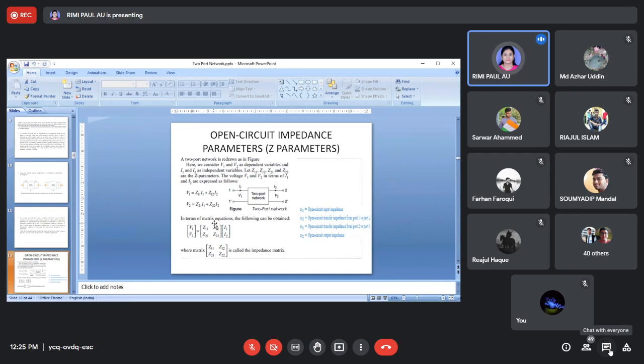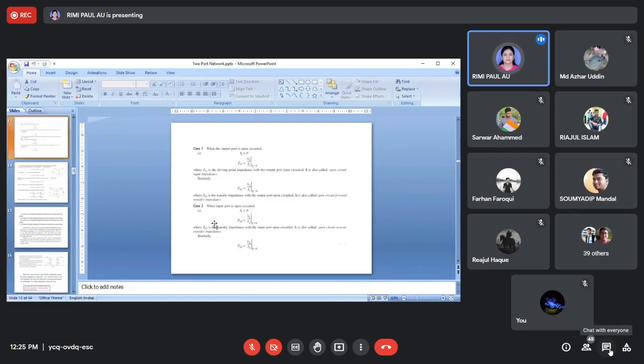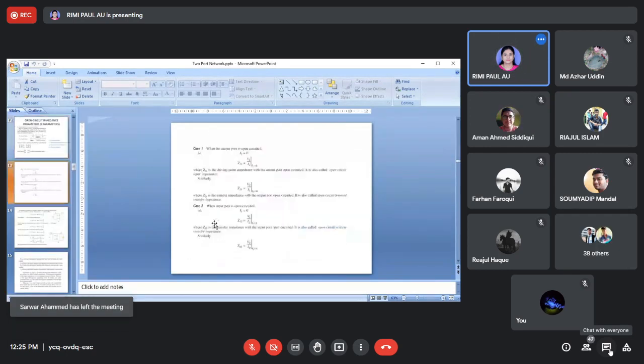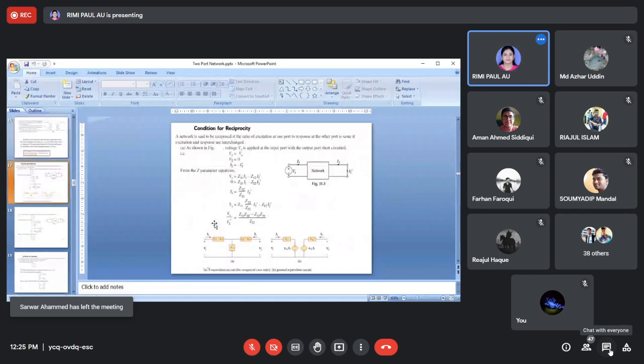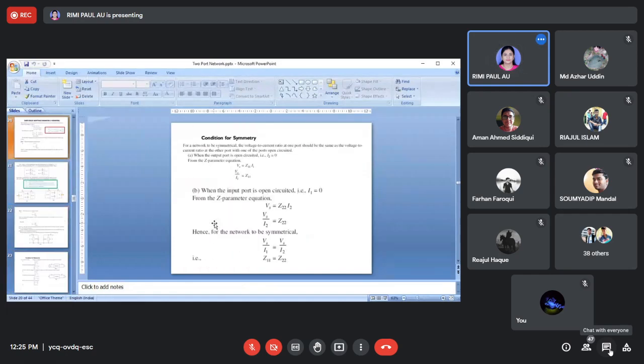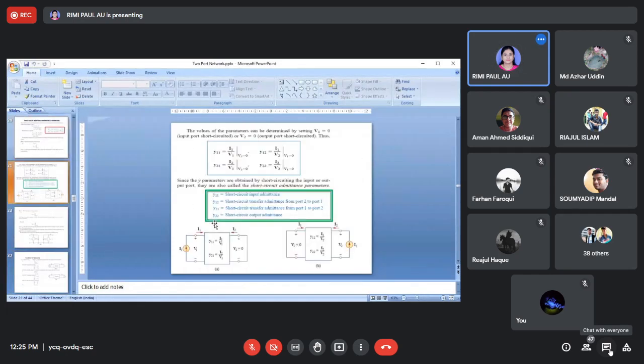If we get a network where a current source is given, then you can find the voltage, or you can give another current supply and find the voltage.